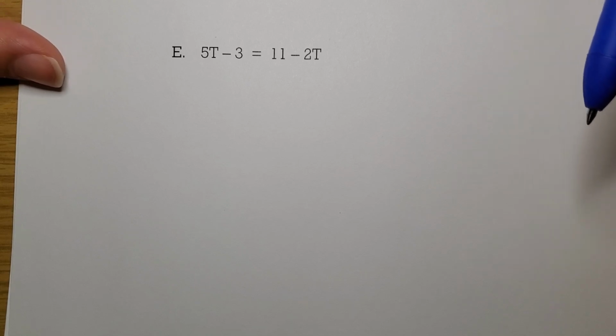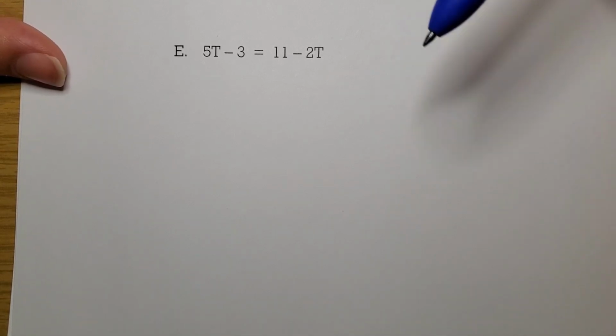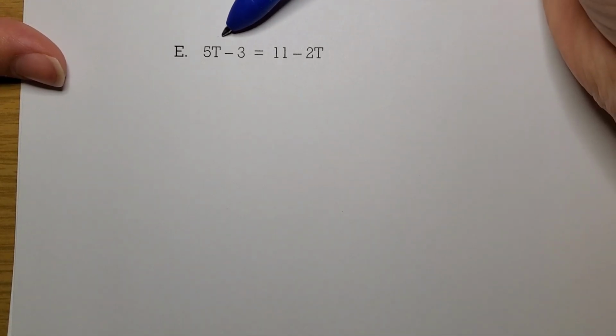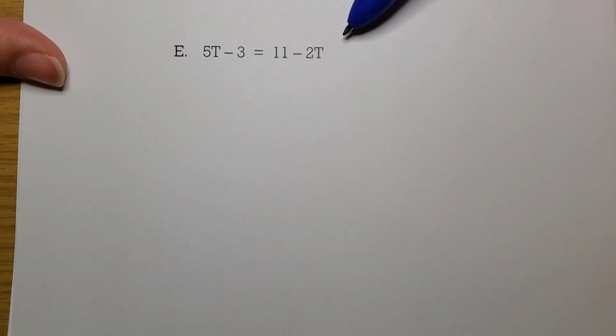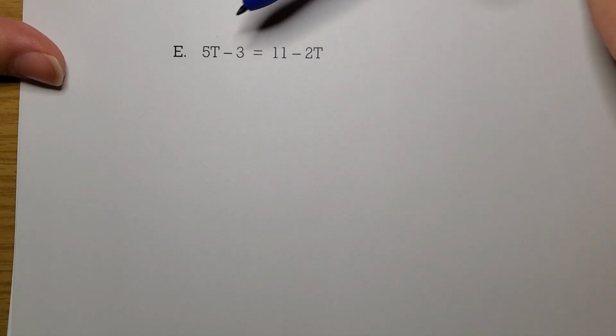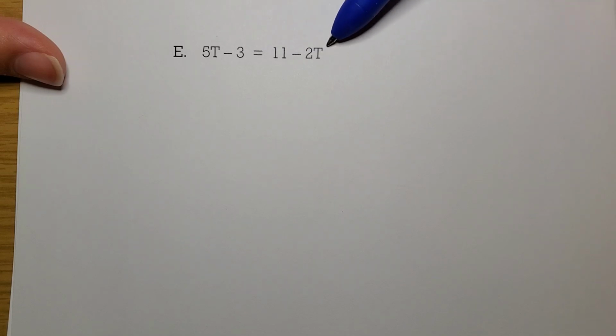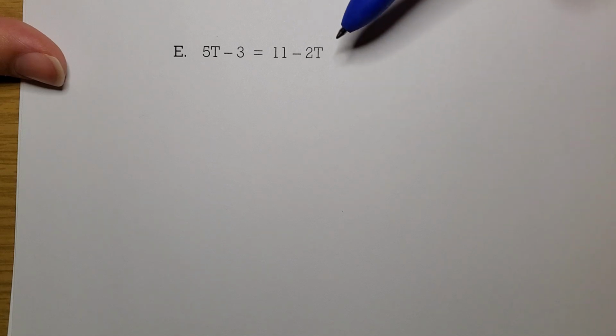In this case, I have to choose, do I want the letters to be on the left or do I want the letters to be on the right? It doesn't matter. You will get, or you should get, the same answer either way. So I could choose to move the 5t over to the right, or I could choose to move the 2t over to the left. That's what I'm going to do.